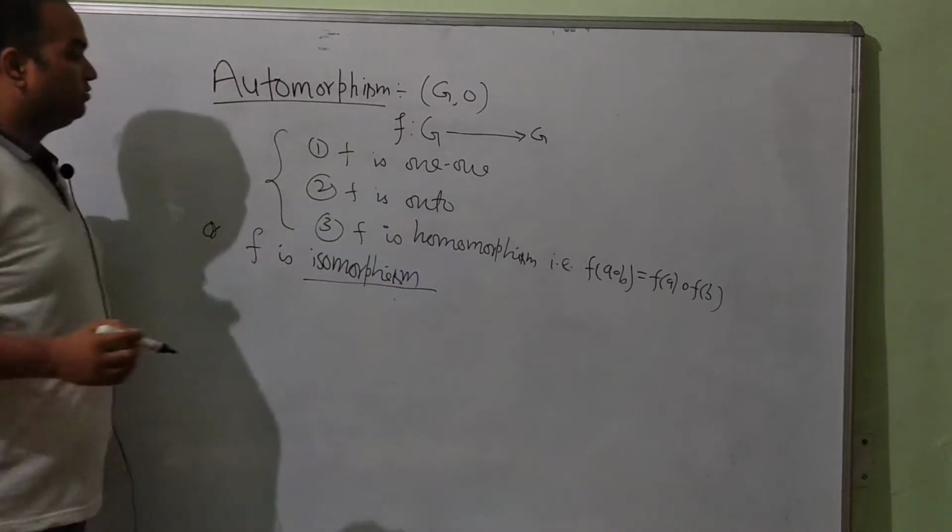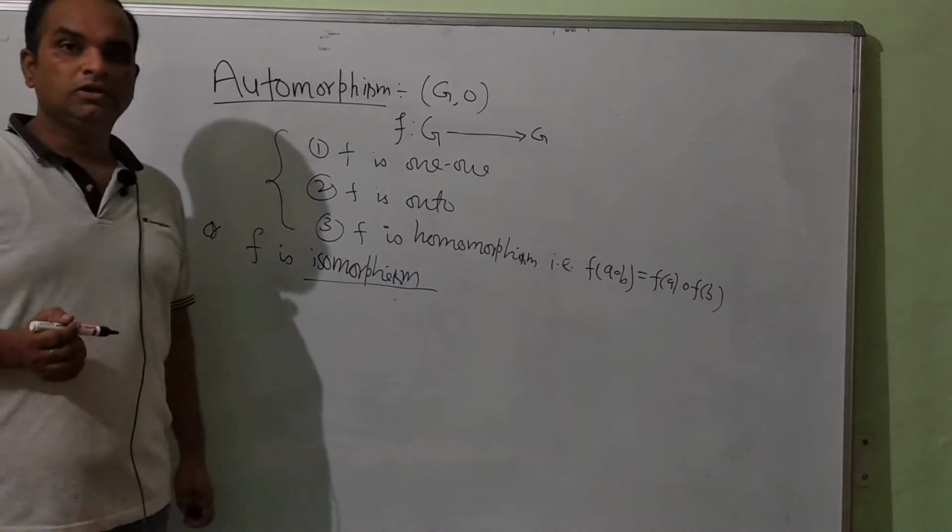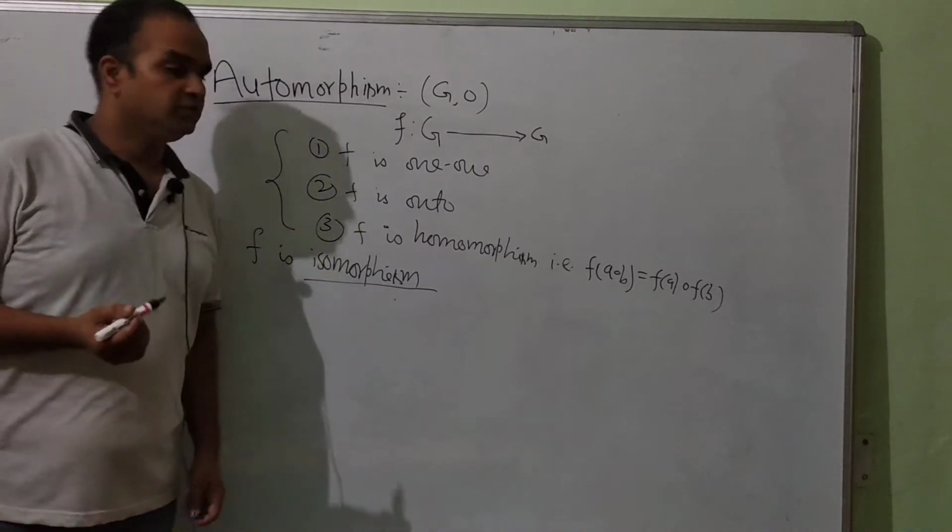So an isomorphism on a group is called an automorphism.